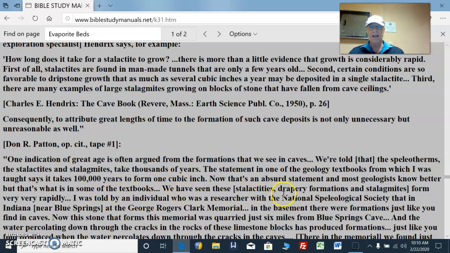We have seen these stalactites, drapery formations and stalagmites form very, very rapidly. I was told by an individual who was a researcher with the National Speleological Society that in Indiana, near Blue Springs, at the George Rogers Clark Memorial, in the basement there were formations just like you find in caves. In the basement, man-made. Now this stone that forms this memorial was quarried just 6 miles from Blue Springs Cave.